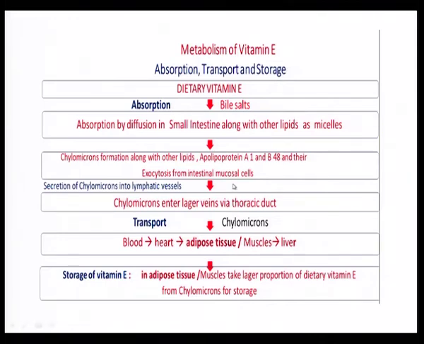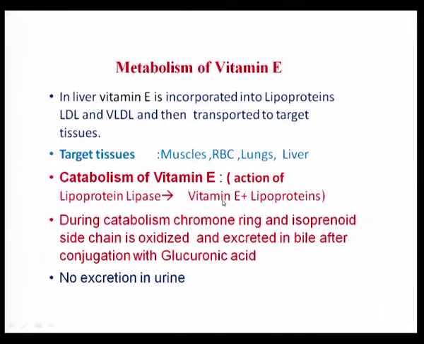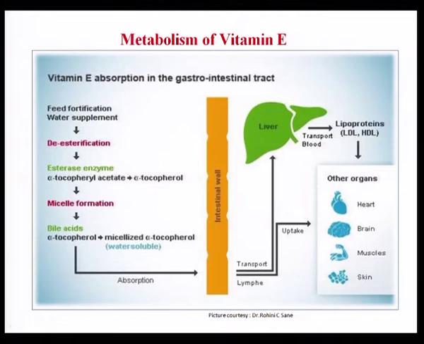We have also seen the chylomicron based transportation, and how vitamin E and lipoprotein combinations make sure vitamin E is available in different tissues. So we saw how vitamin E is transported inside systemic circulation and how it reaches every organ.